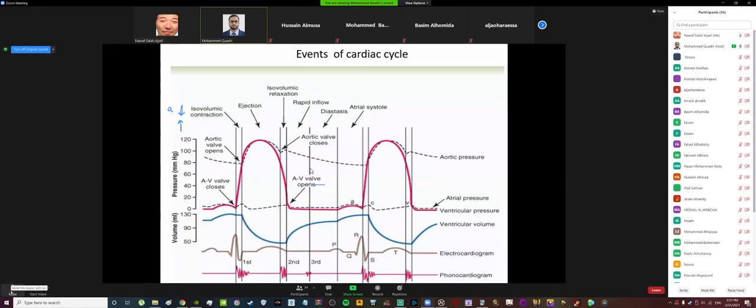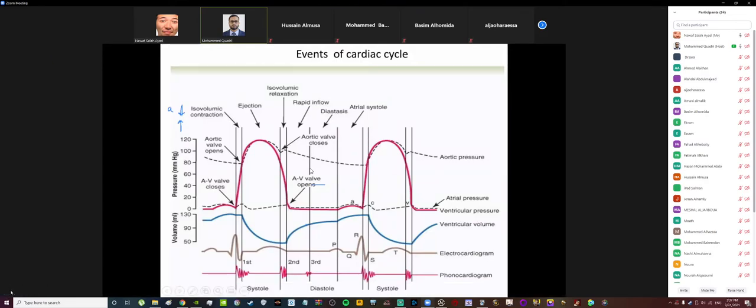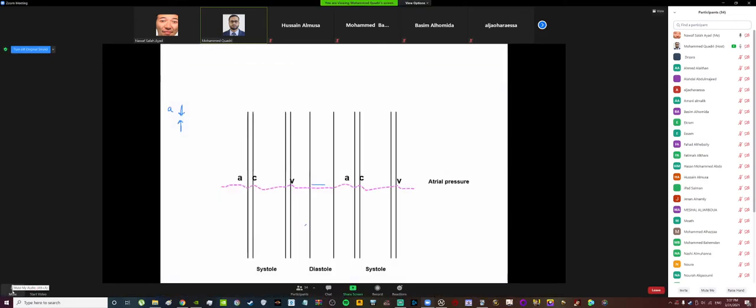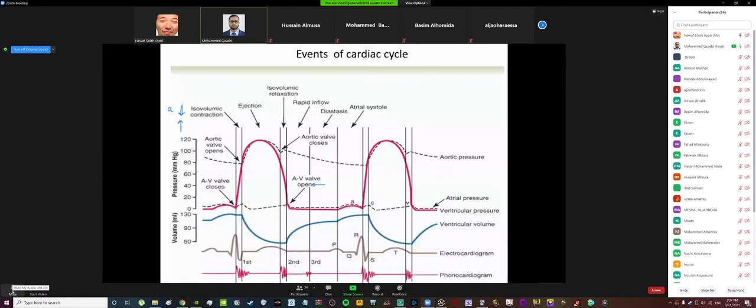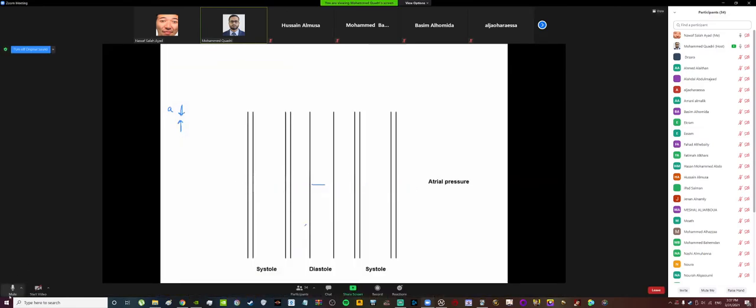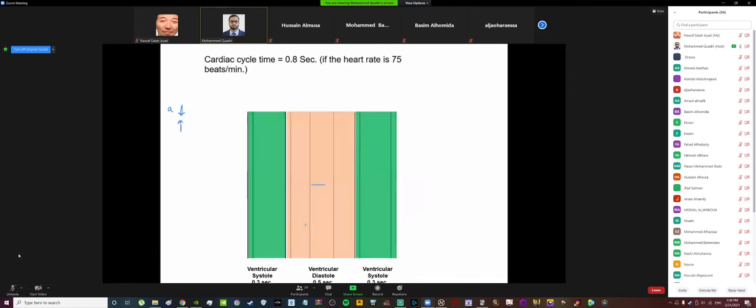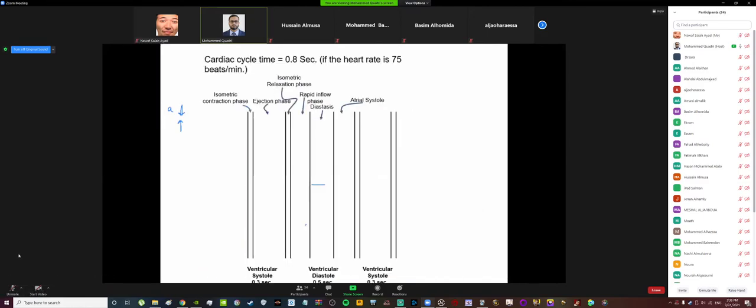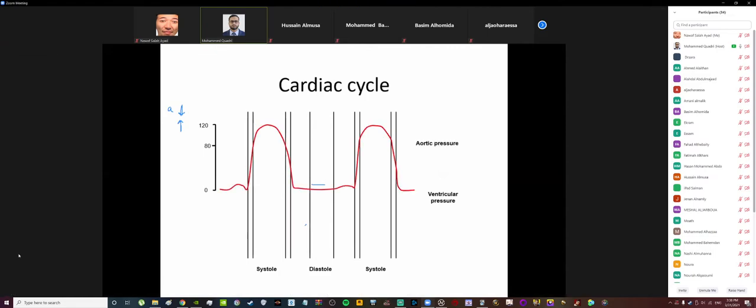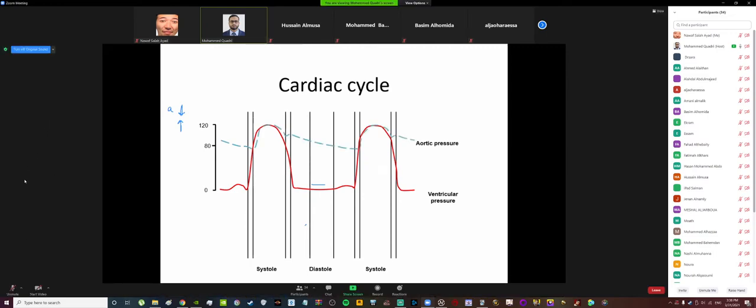You're talking about aortic pressure here, the aortic pressure after the slow ejection phase, where it temporarily rises up. This is ventricular pressure, and this is the aortic pressure curve that is drawn. Okay. So you're talking about this phase? Yes, doctor.